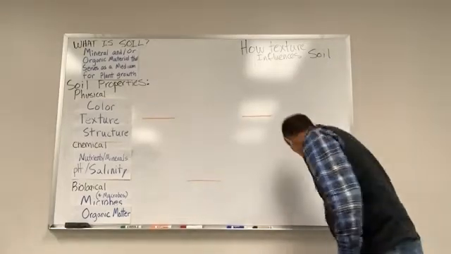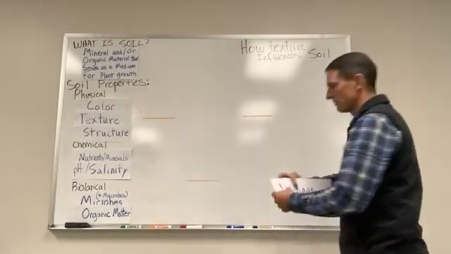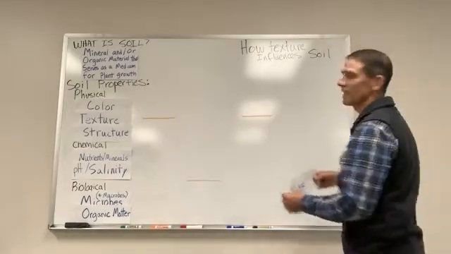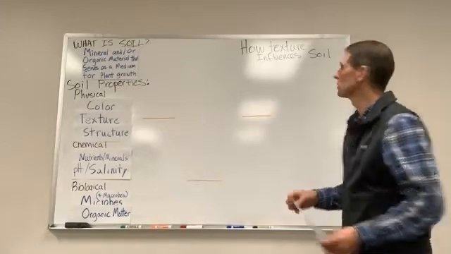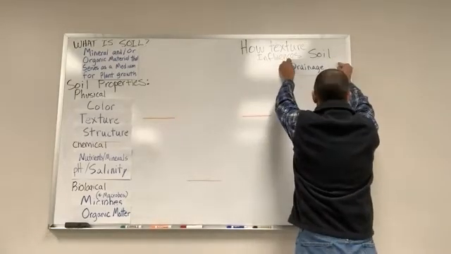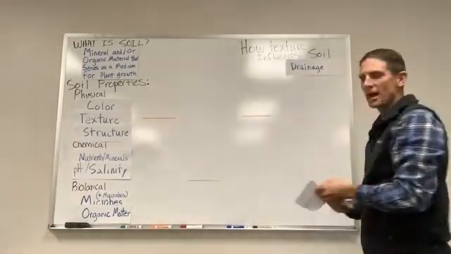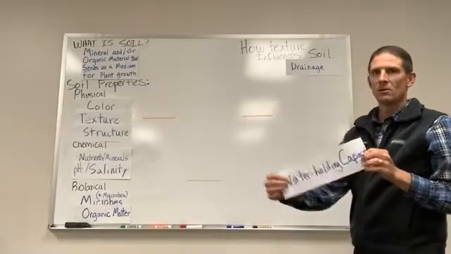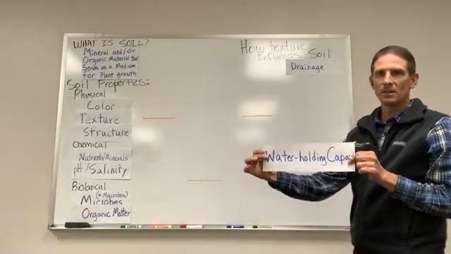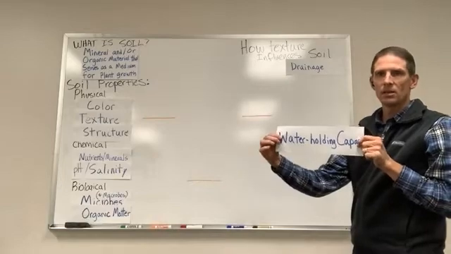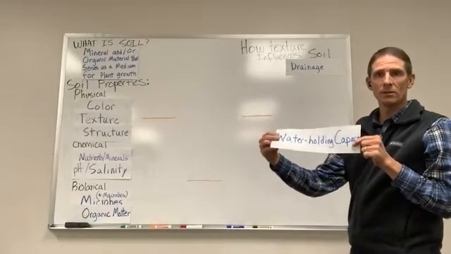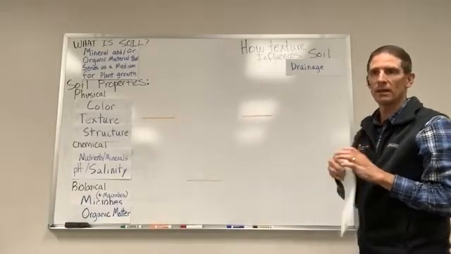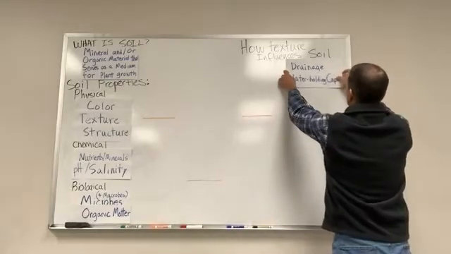But first of all, soil texture affects how water drains through a soil. And related to that, water holding capacity. If a soil can hold a lot of water or a little bit of water, you can see how that would affect how a plant would grow in that soil.